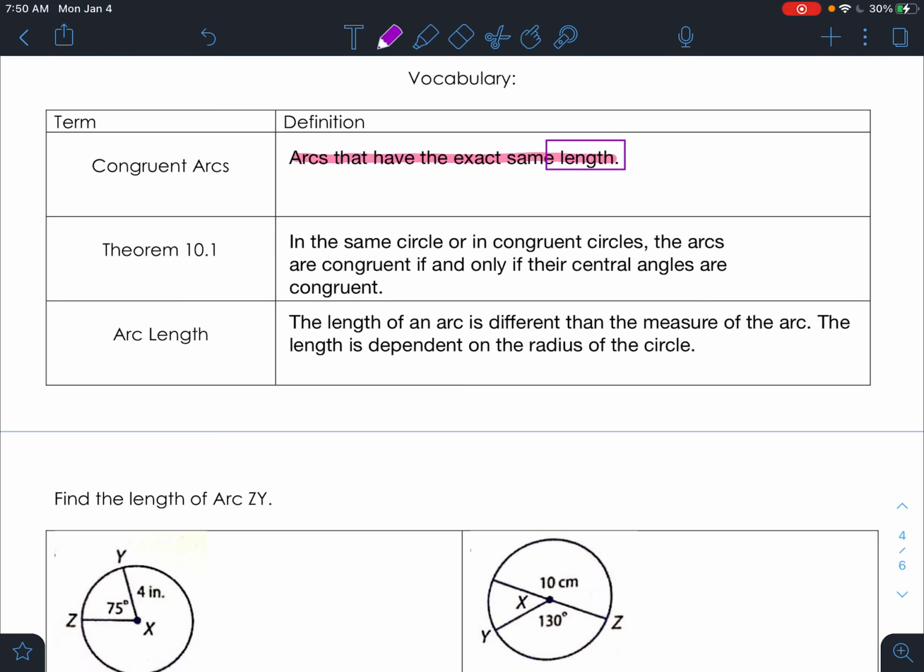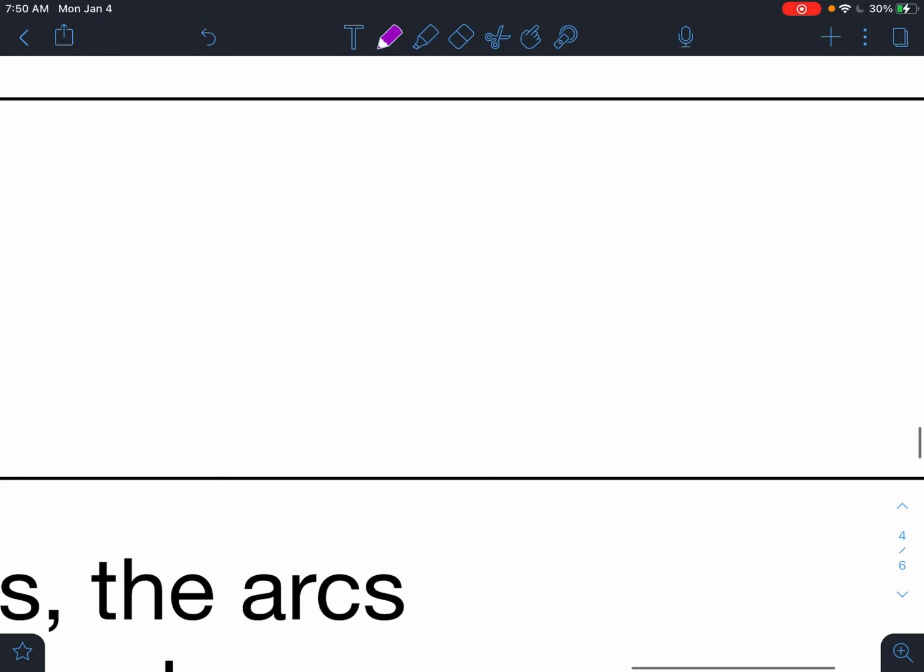So what I want to talk about is the difference between the measure of an arc and the length of an arc. I want you to look at this little circle right here. Here's my little circle, and I'm going to mark in that center and make a central angle.